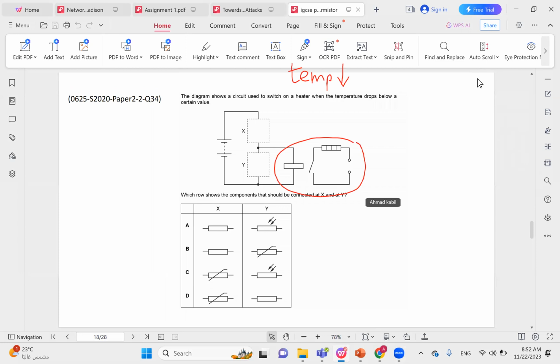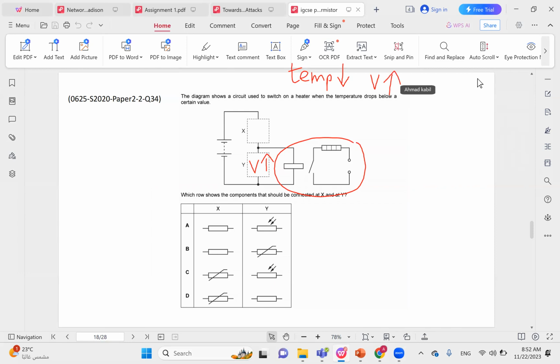We will discuss it in greater detail in another video. But for the circuit to work, I need the voltage to increase in Y. So the voltage needs to pass a certain threshold or a certain value in order to operate the circuit on the right. So I'm looking for something where as the temperature decreases, the voltage increases.